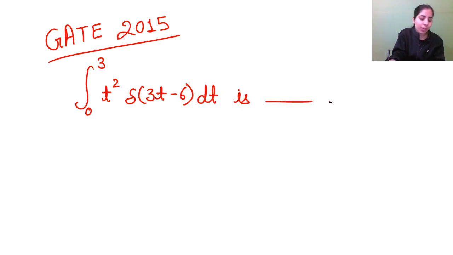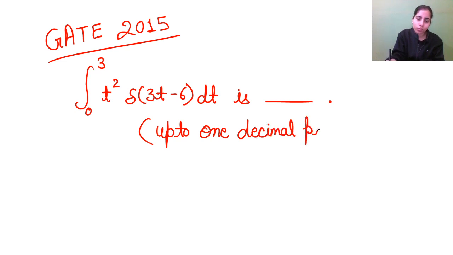It was an NAT type question, so you need to write the answer up to 1 decimal place. Just try it once and let me know once you get the answer, which one is correct according to you.